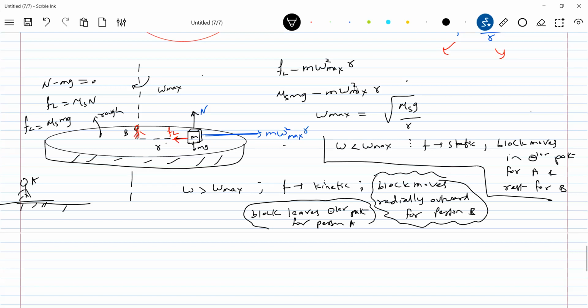Okay, got this one. I think it will be very difficult to analyze in the ground frame, no? Why does it leave the circular path? You will say that friction is not sufficient to provide the required centripetal force. That's why it will leave the circular path.